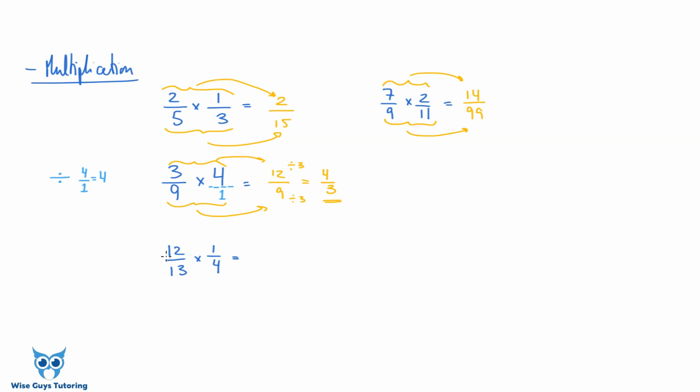So because I have a 12, you can recognize here that you have a 12 and a 4, right? So as we know, we multiply the top by the top, and the bottoms by the bottoms. And we also know that multiplication is commutative. So I can actually switch the positions of those two numbers.